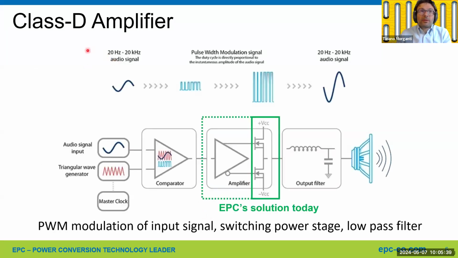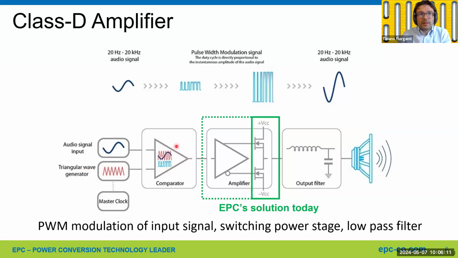So a very brief introduction. What is a Class-D amplifier? A Class-D amplifier is a switching mode power amplifier. So there are switching devices. This is an example, a half bridge power stage. And there is a PWM modulator. A very simple example here: it's a comparator comparing the analog audio input with the triangular wave.